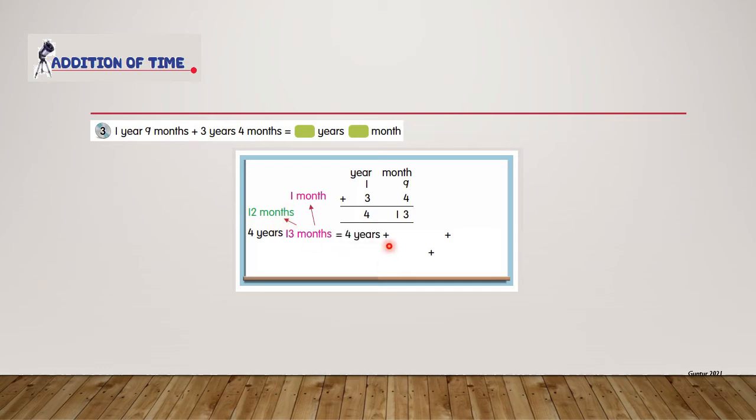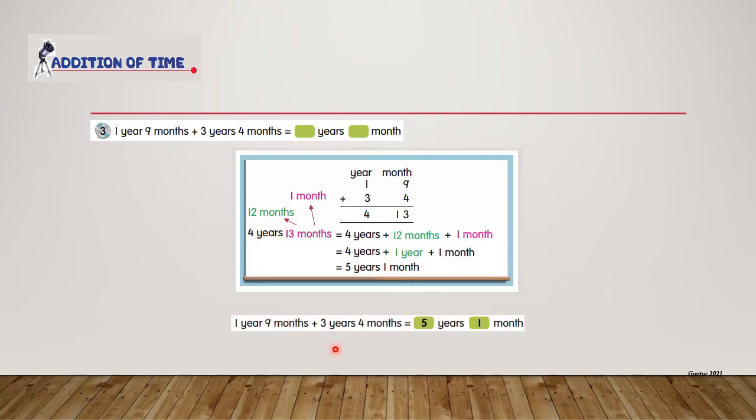So 4 years plus with 12 months plus with 1 month equal to 4 years. 12 months is equals to 1 year, and then we add another 1 month. 4 year plus 1 year is equal to 5 year, and we write back the answer for months, 1 month. Okay, so 1 year 9 months plus with 3 years 4 months equals to 5 years 1 month.